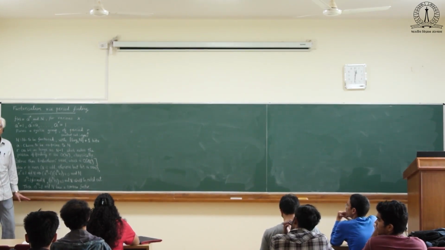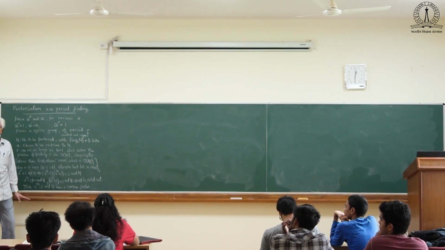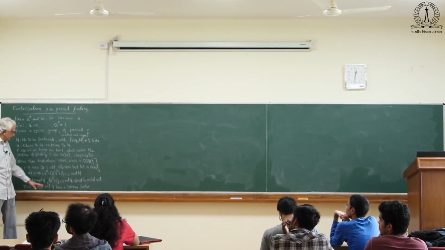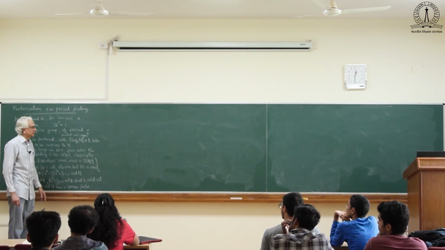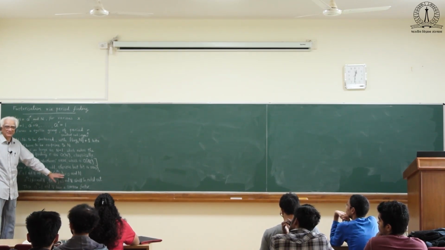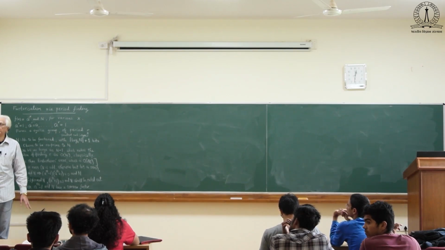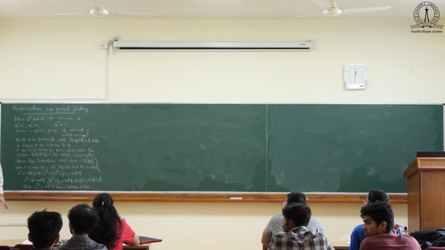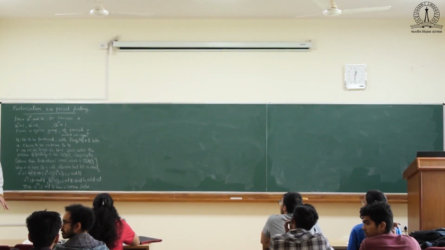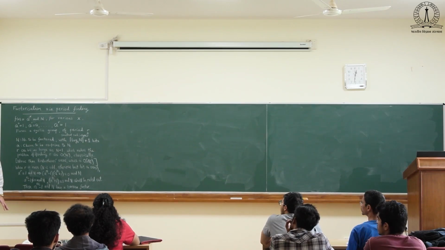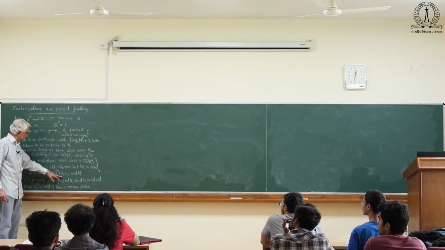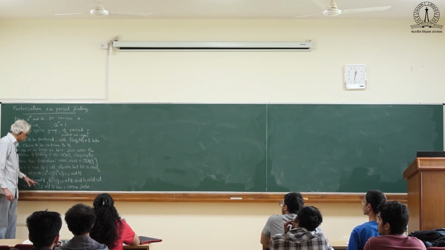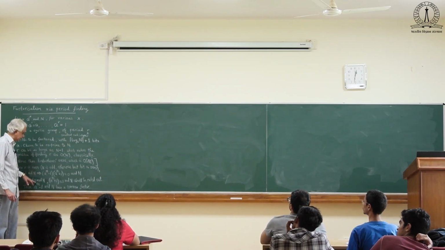So a is positive, r is positive, how can a to the r by 2 plus 1 be 0 modulo n? We'll see. So now the best thing is to illustrate by simple examples. See, if this is 0, that means this has led to a situation, this one is non-zero by definition.